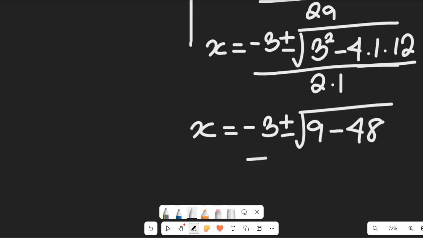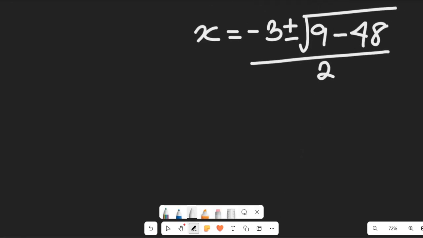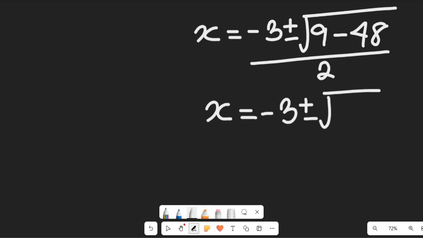So if we divide this by 2 times 1, it will give us 2. So this expression is going to give us, in the next step, x equal to negative 3 plus or minus the square root of 9 minus 48, which is going to give us minus 39, right? And this will be divided by 2.